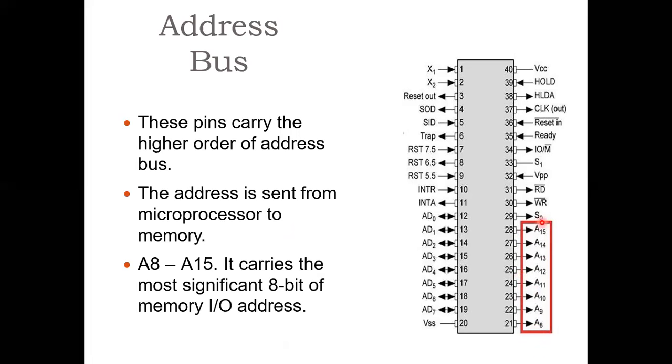This address is sent from the microprocessor to memory. As I already said, the address bus is unidirectional, from microprocessor to memory, so the arrow mark is outside the microprocessor. A8 to A15 carry the most significant 8 bits of the memory or input output address. So this is the higher order address.